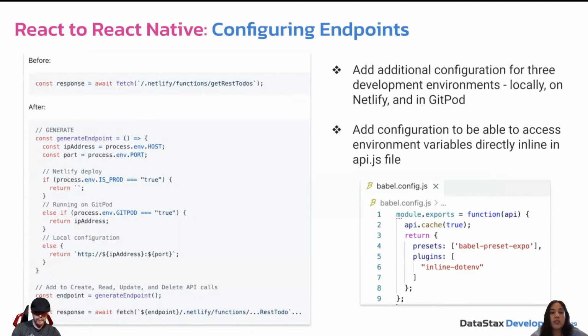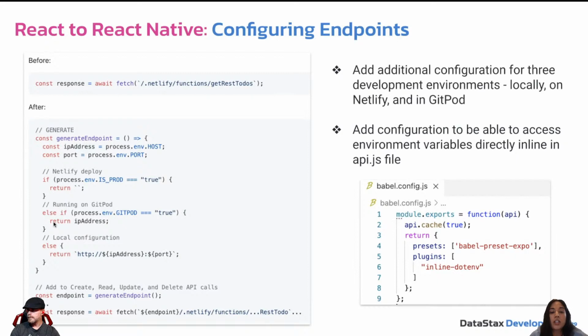So to configure the endpoints right here, in our api.js file, if you want to go look at this in the code in the repo, what you can see is our original call. It was originally very simple, just for a web app, going to the functions folder in Netlify. But when we were doing this locally or on Gitpod or on Netlify, we needed a slightly different configuration. So we added another function here called generate endpoint to customize that. If you're doing it locally, you need to take your actual IP address and put in the same port across the platforms.